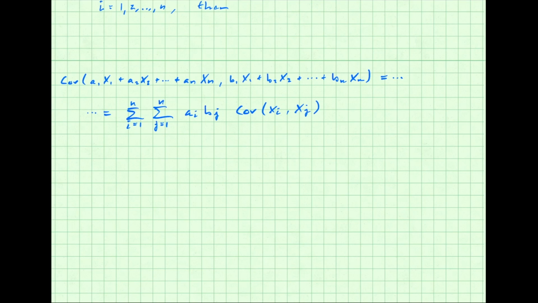Right, so that's kind of a mouthful, so let's take a look at what it's saying once again. This expression on the right, which is somewhat interesting looking, is the covariance of two random variables. Here's one of them. It's a linear combination of this sequence of random variables. And then the other random variable is a different linear combination of those same random variables. Right?